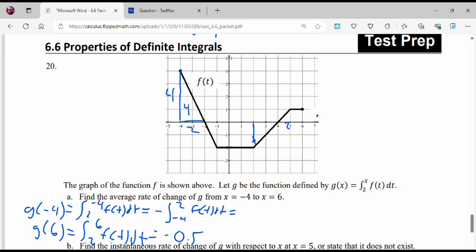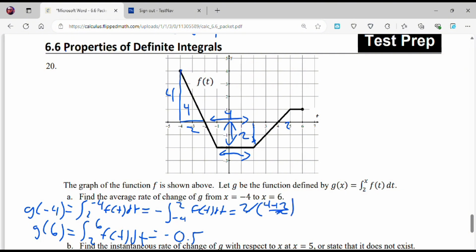We can use the area of a trapezoid to solve for this area. So our width is 2. L1 is 1, 2, 3, 4, so 4. L2 is 3. So we have width 2 times L1 plus L2 over 2.